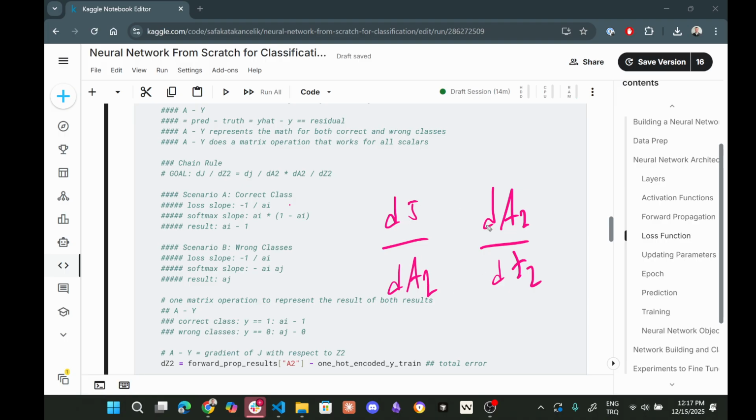So we do this twice, and it turns out there's one good representation that covers the output of both scenarios.